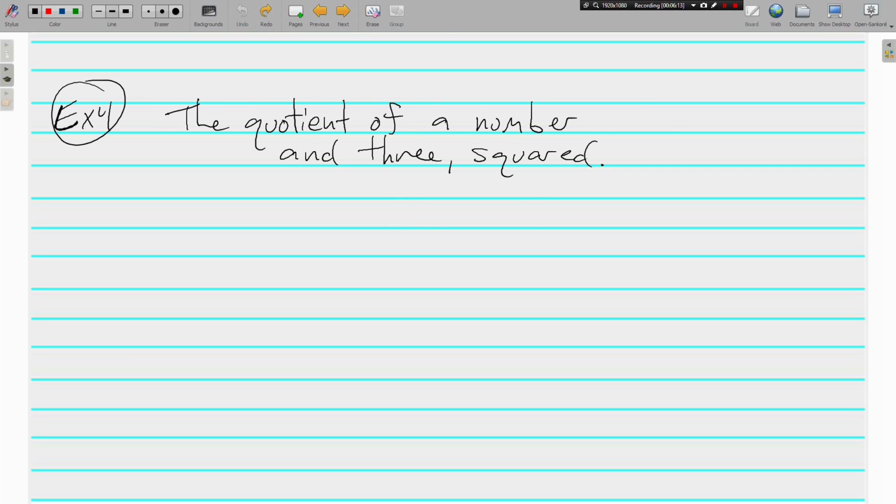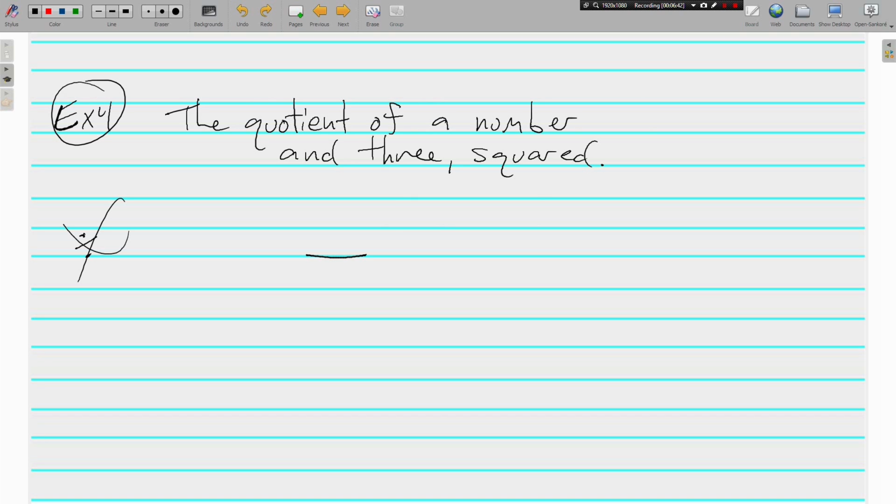One more of these. It says the quotient of a number and 3, squared. And here's one of those commas I was talking about. Commas are going to be a clue for using parentheses. It means that we need to find this quotient before we square anything, before we use that exponent. So quotient means dividing, and I would prefer you use the fraction symbol instead of the division symbol.